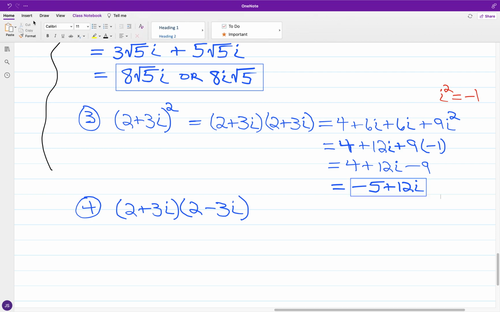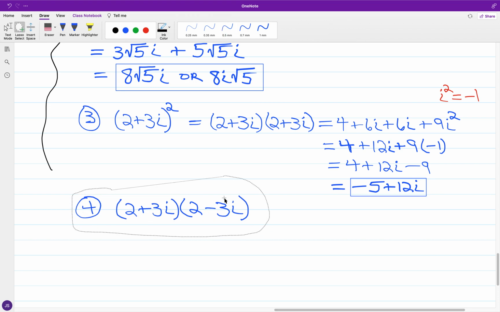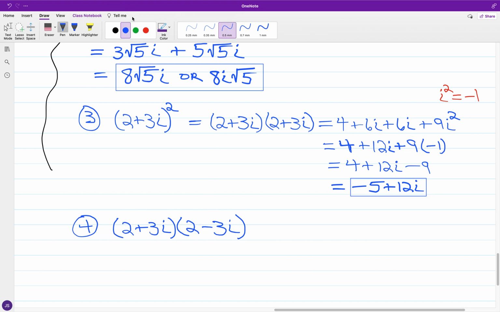All right. Now, for what we have in the fourth case here, we've got 2 plus 3i and 2 minus 3i. And this combination will fall into a particular category that will be referred to as conjugates, which we're going to bring up shortly. And in looking at conjugates, if I multiply together, FOIL out, you've got 2 times 2 is 4.